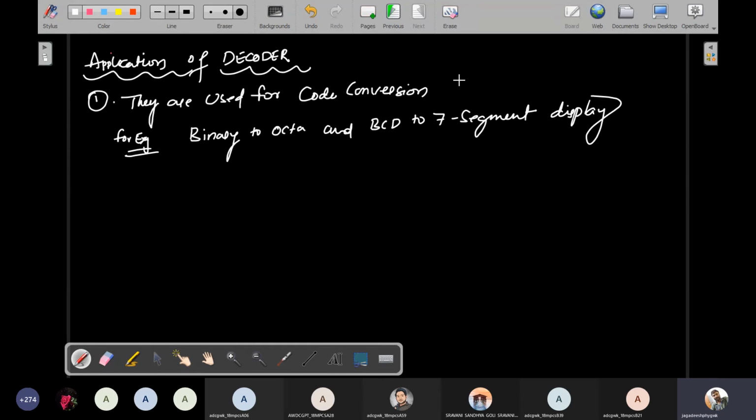Binary to octal means binary is nothing but 0101 notation, called binary notation, and octal means 8. So you can take any decimal number. Suppose 16 is a decimal number, you can change it into octal by dividing by 8. 8 twos are 16, remainder is 0.